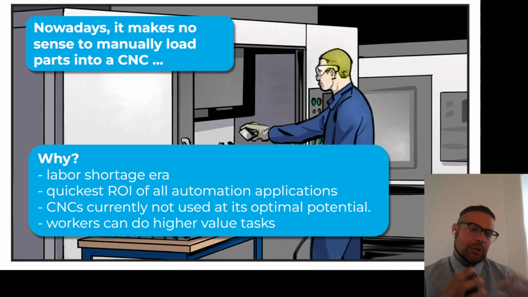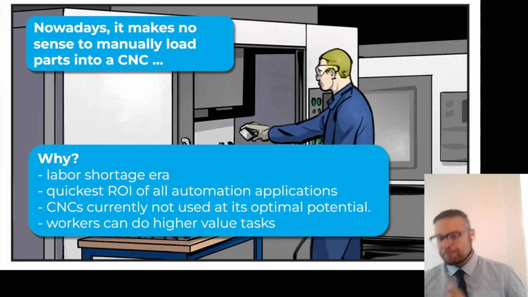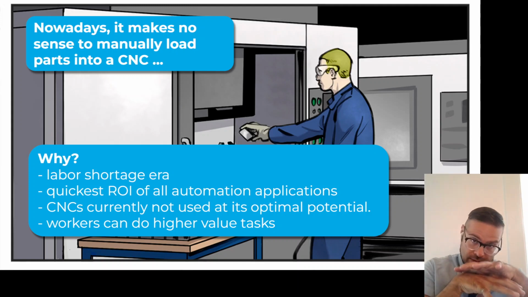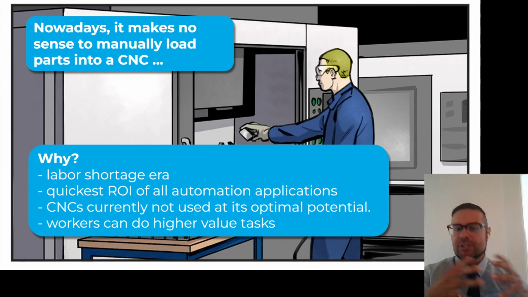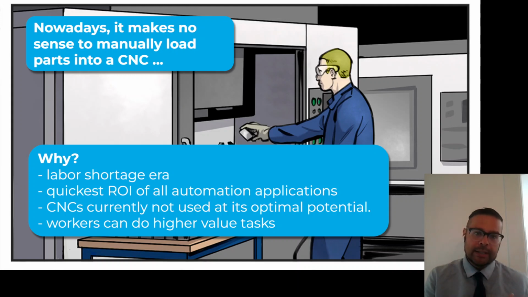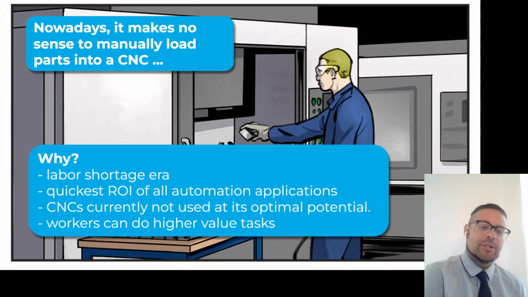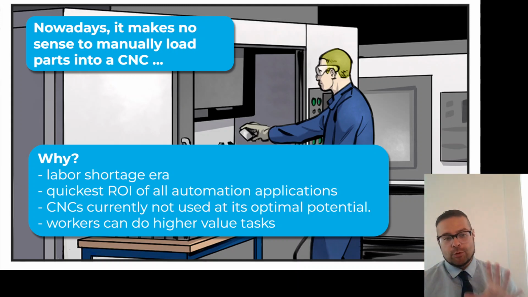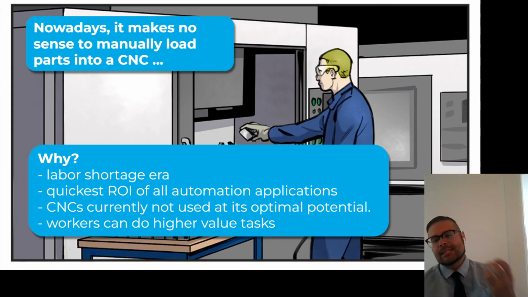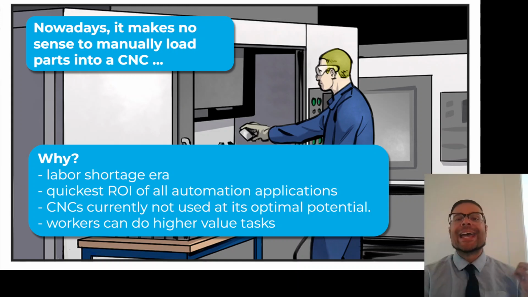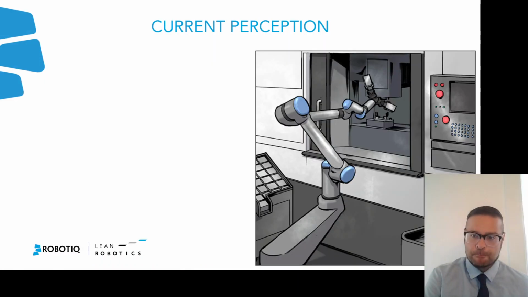So it's kind of a double return on investment here, because the Robotiq CNC machine tending solution will not only free a worker for another task, but will also improve the ROI of the CNC machine. And if we look at the last point here on the slide, workers can do higher value tasks. All of these put together mean that it's a good idea to automate a CNC machine application.